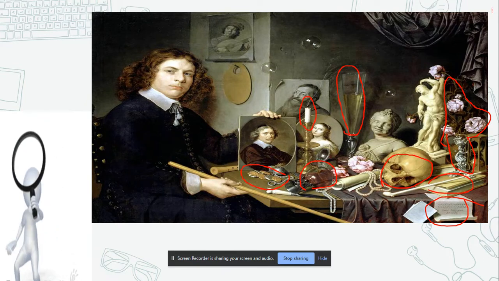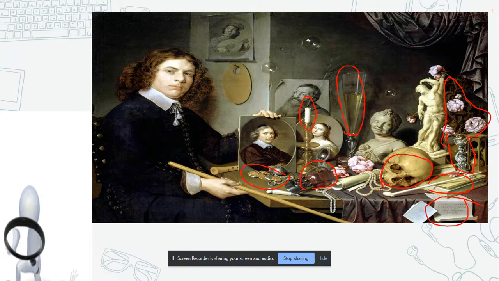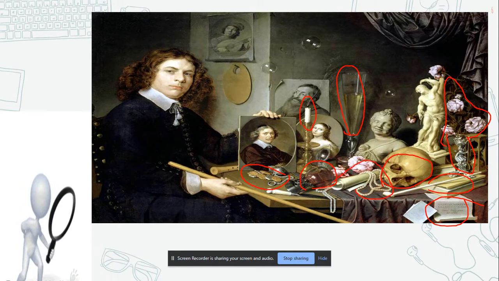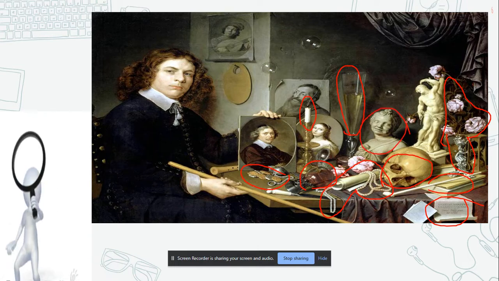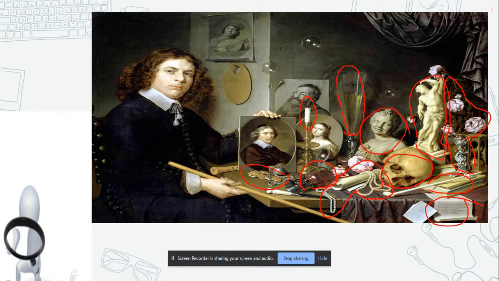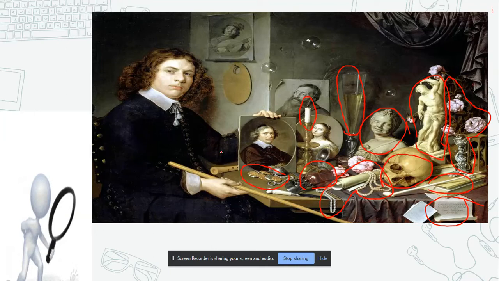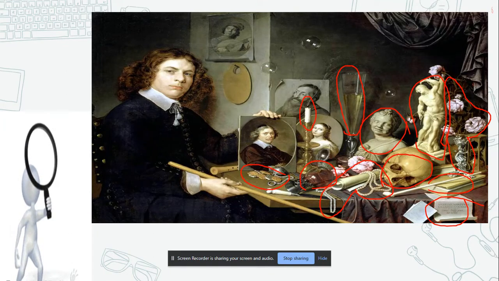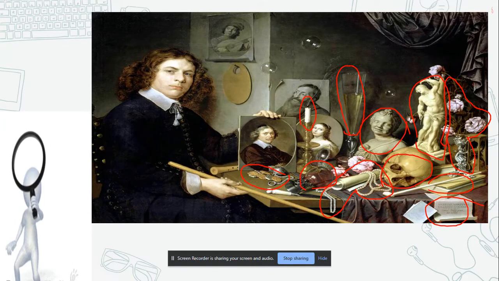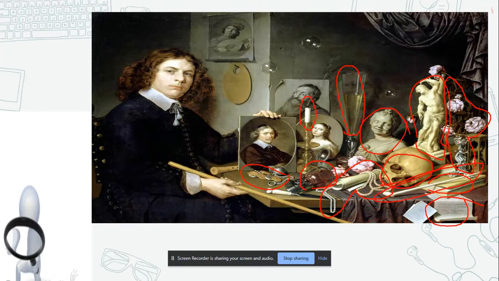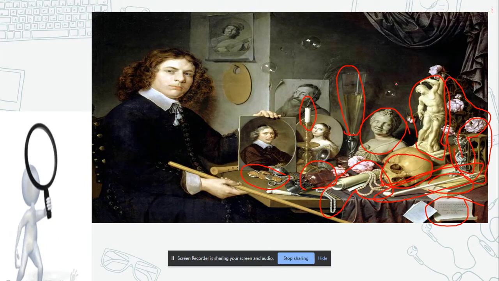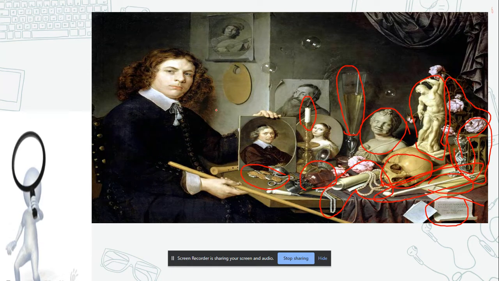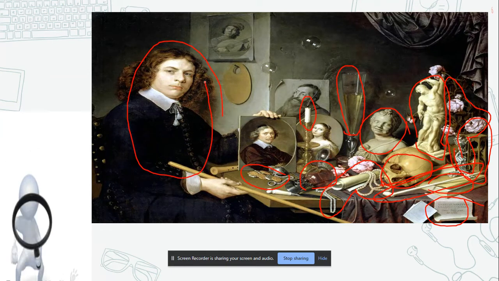I'm not sure, maybe. And we have jewelry, this pearl necklace. We have a sculpture of a human being, and this stick, an hourglass, and of course, this person.